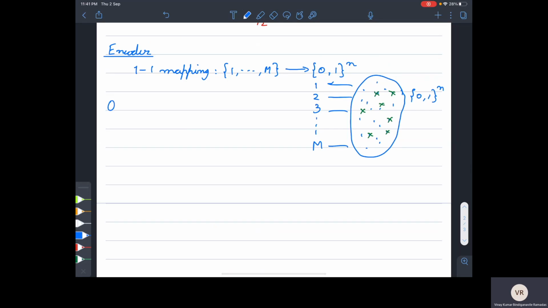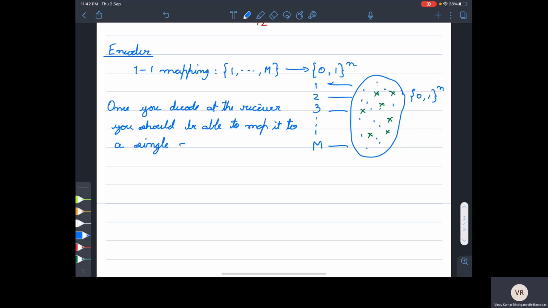Let me write that down here. So essentially, the encoder maps each of the m messages from 1 to m to a subset of the space 0, 1 to the n.